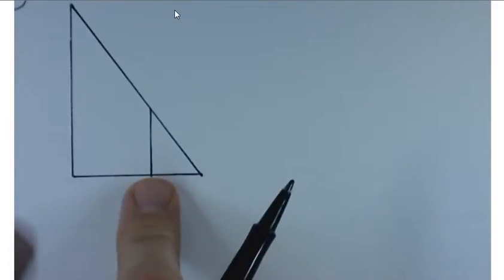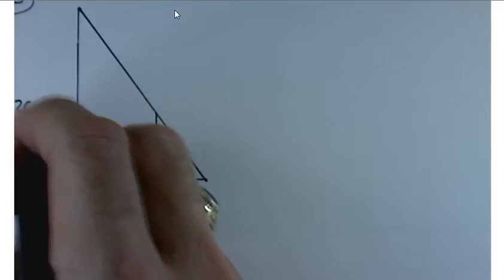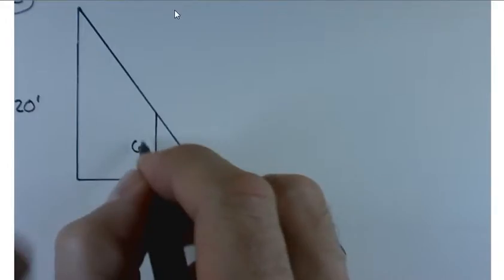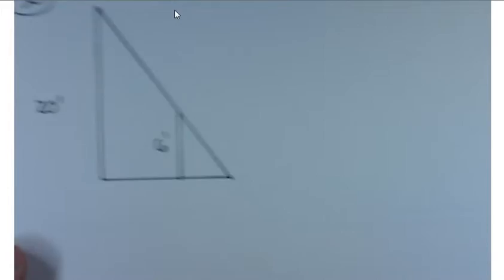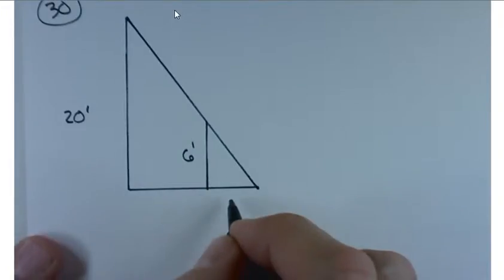There's my gentleman, an amazing stick figure here. Rembrandt, eat your heart out. The light is 20 feet tall. The man is 6 feet tall. Do we know the length of his shadow? No. So we'll call that X.